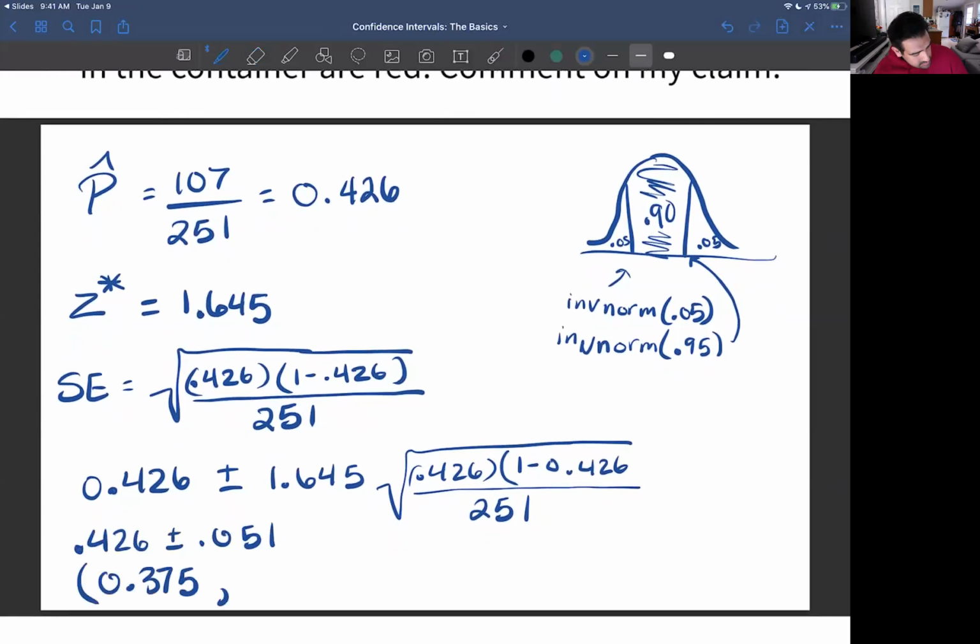37.5% to 47.7%. So how would I interpret this?